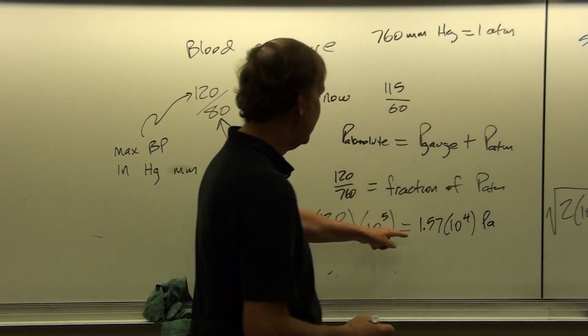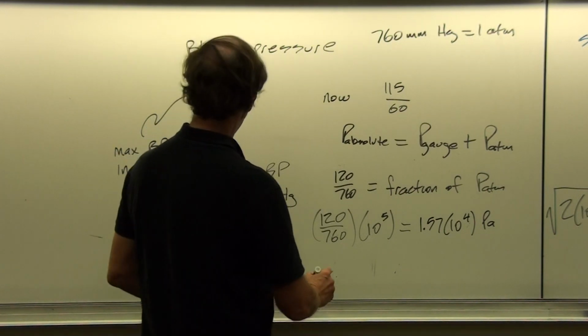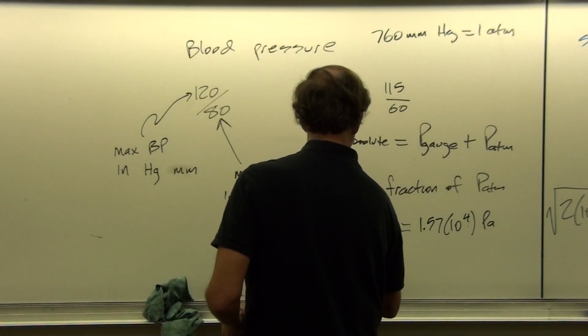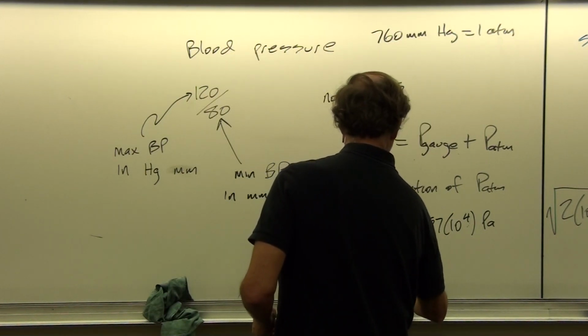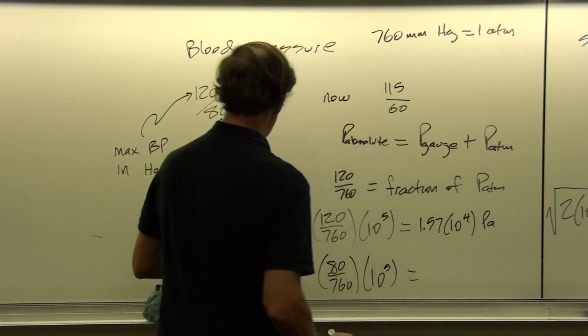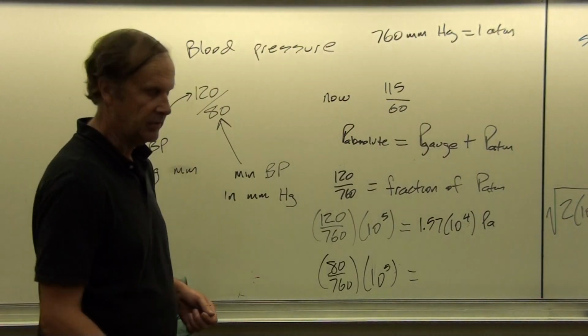Okay, so that's your gauge pressure when you're measuring the maximum blood pressure. And then in this case, 80 over 760 times 10 to the 5 would be, in pascals, your minimum blood pressure, but just measured in a different set of units.